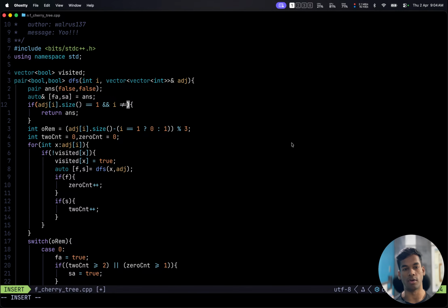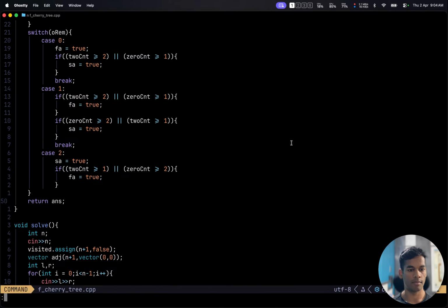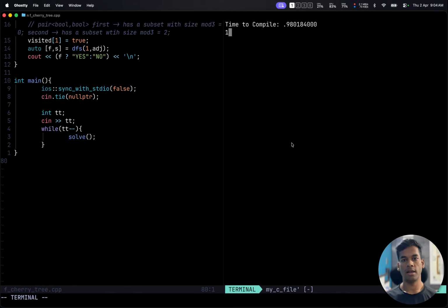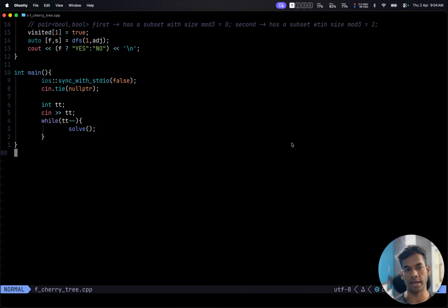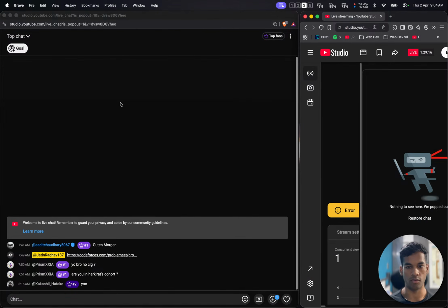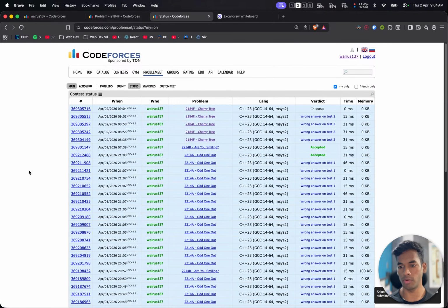and I is not equal to 1. But this was very stupid. This was also a very stupid bug. Compile, run 1, 5, 1 to 2, 2 to 3, 2 to 4, 2 to 5, and yes, it worked and it should work now for all the test cases hopefully.